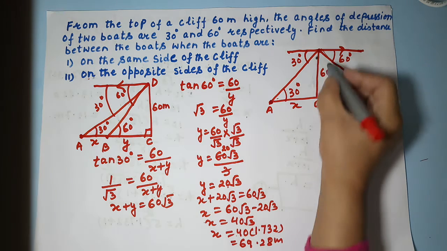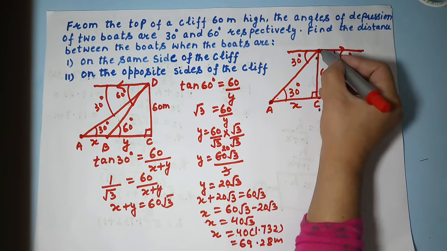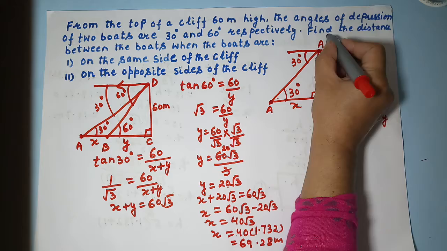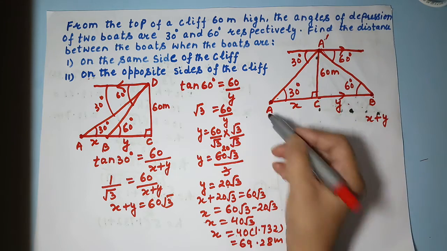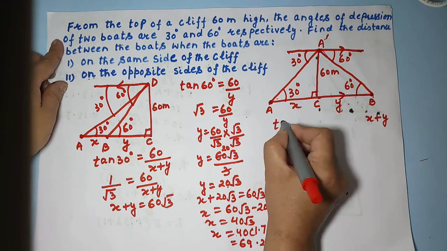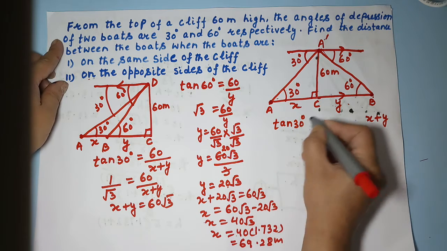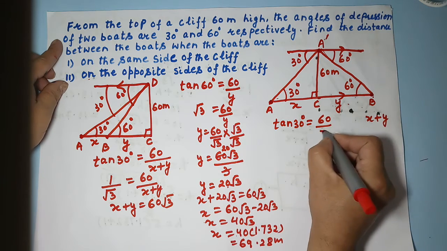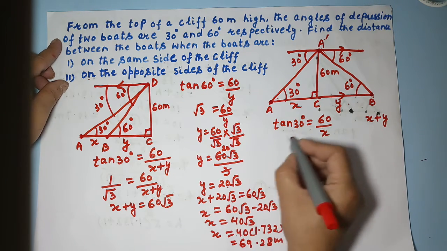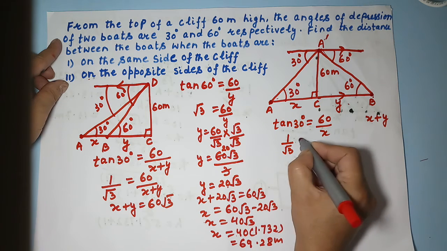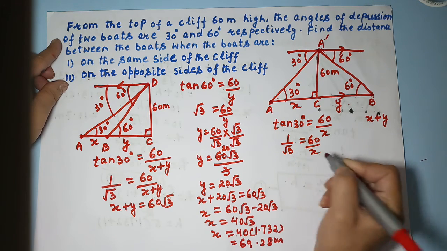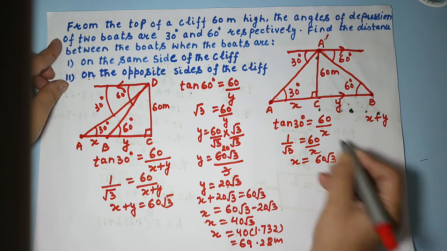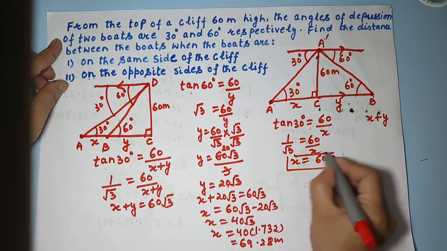So in this case, we will take this triangle, A dash, C, A. So my tan 30° here will be this side upon this side. So that is 60 upon x. tan 30 is 1 by root 3, equal to 60 upon x. So cross multiply, x will be 60 root 3. That means I got this distance, right?